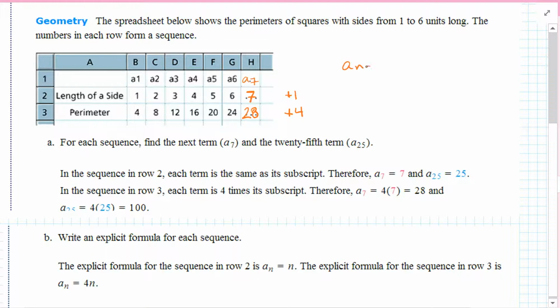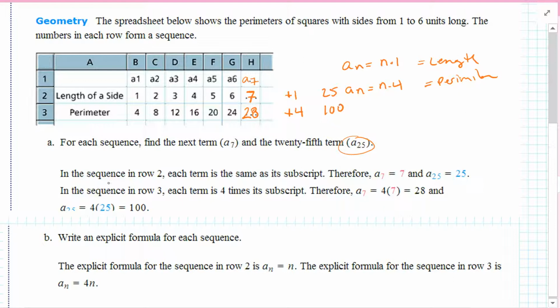So a_n is equal to n times 1 for the length, and a_n equals n times 4 for perimeter. So using that shortcut, the 25th term would just be 25 and 100.